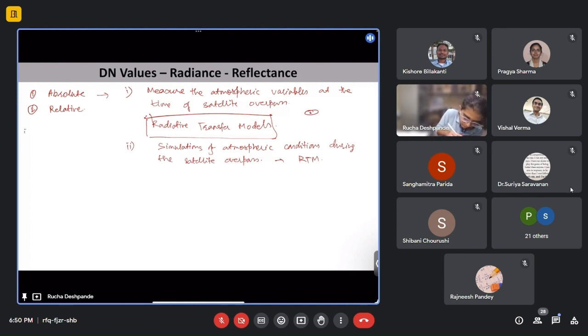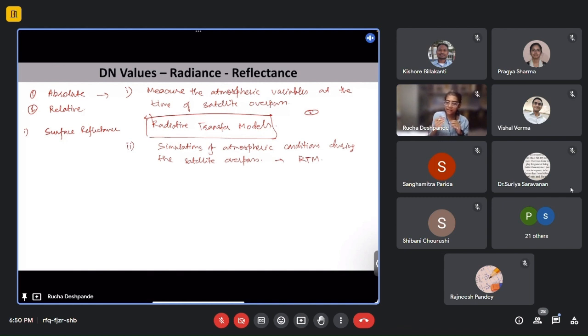So one of the methods is, at the location of the study area, when the satellite is passing, surface reflectance is measured at that area in situ, and then it is calibrated with the surface reflectance calculated by the satellite.